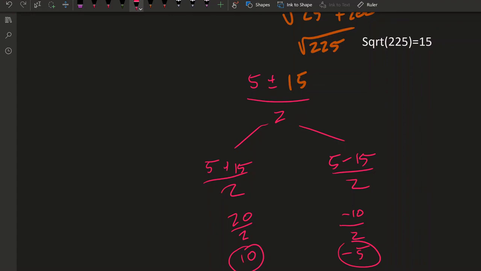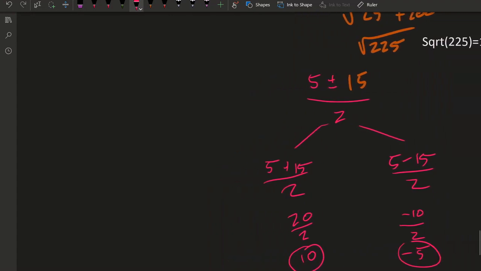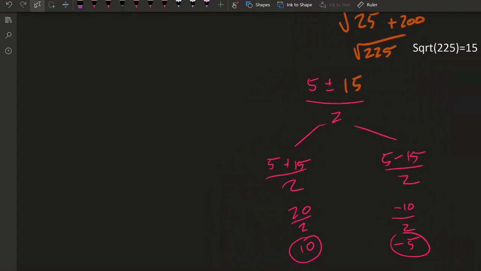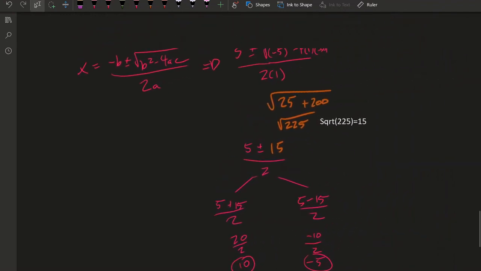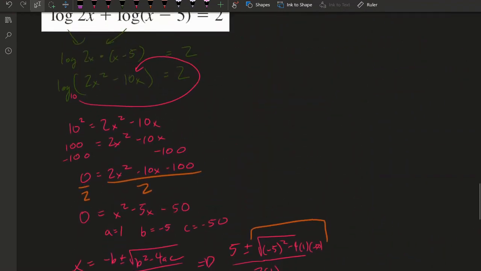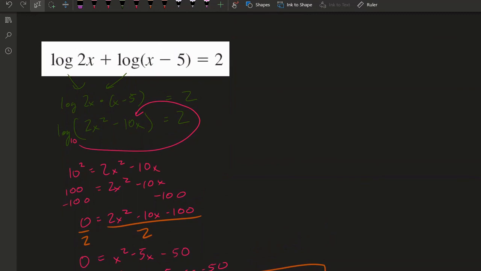So let's go ahead and double check to make sure that 10 and negative 5 work. So I'm going to go back up here to my original equation, and I want to test 10 and negative 5. So common log of 2 times 10 plus common log of 10 minus 5 equals 2.